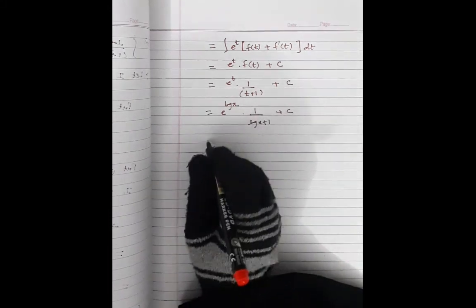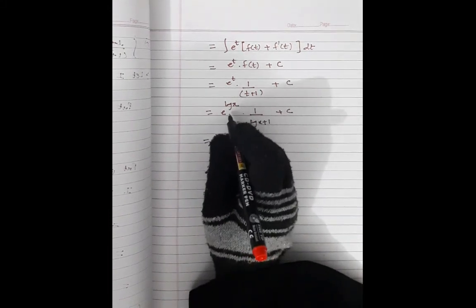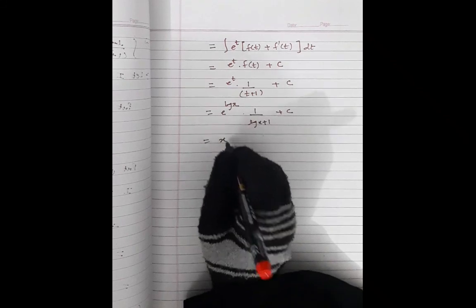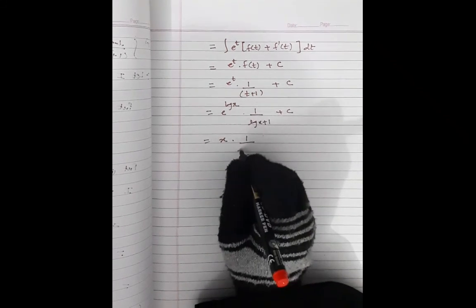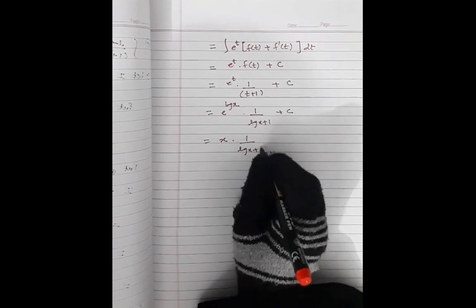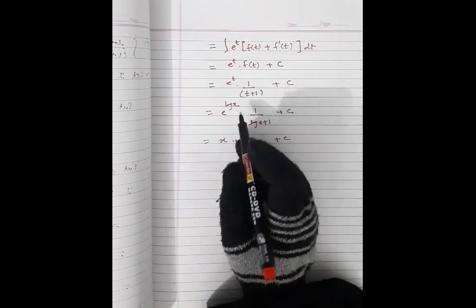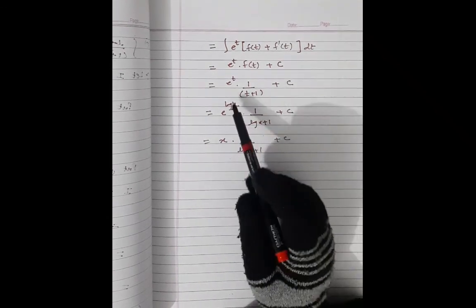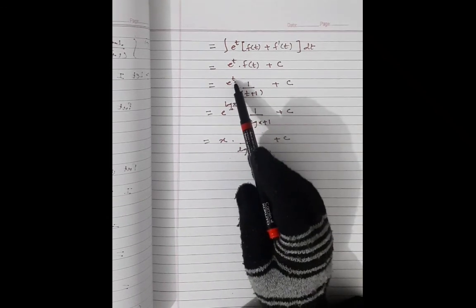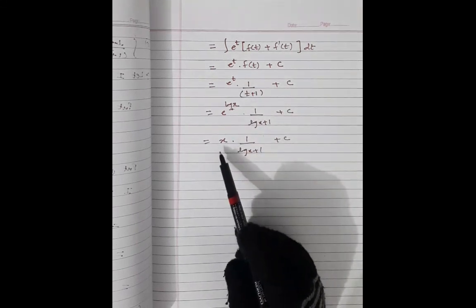And here what is e raised to log x? This will be x. So here we will write x into 1 upon log x plus 1 plus c, because here the base is the same. Then what is the answer? Or we will resubstitute the value of e raised to t, e raised to t is x.